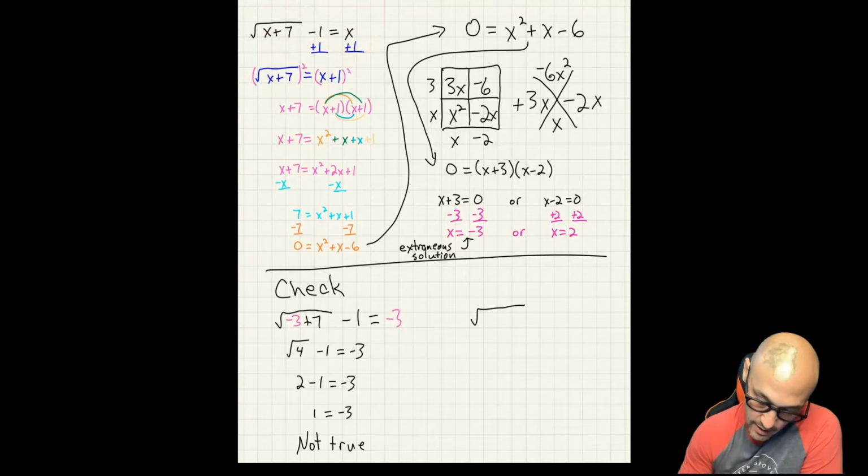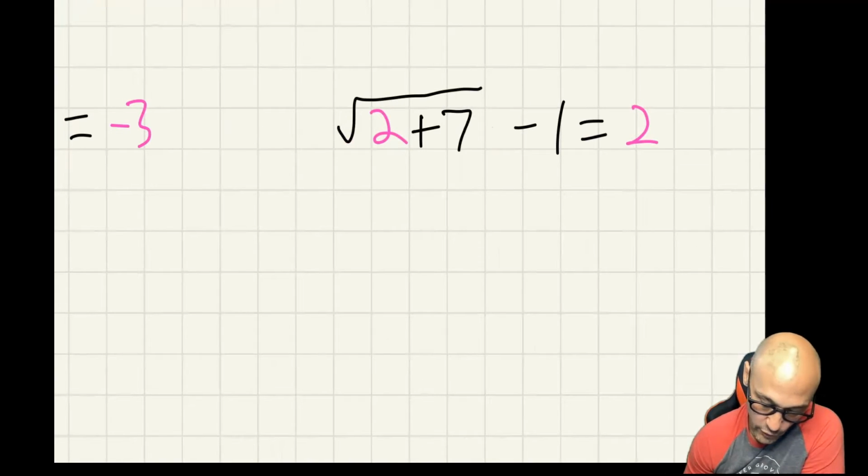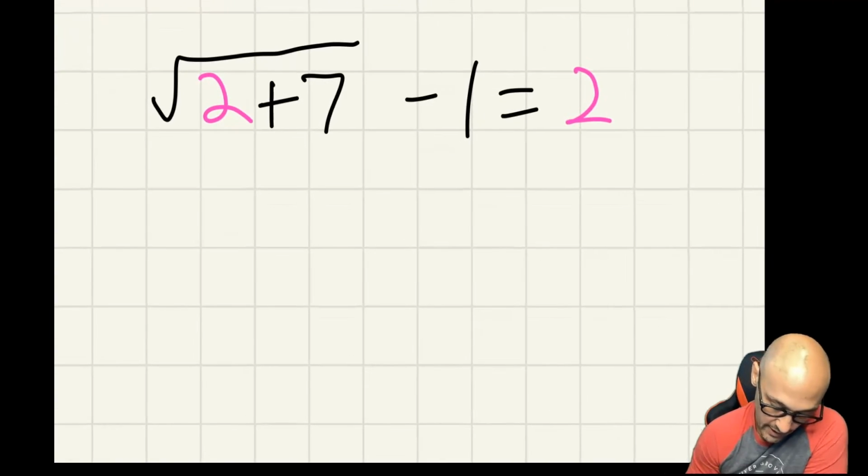We're going to try the square root of 2 plus 7 minus 1 equals 2. All right. Well, the square root of 2 plus 7 is the square root of 9 minus 1 equals 2.